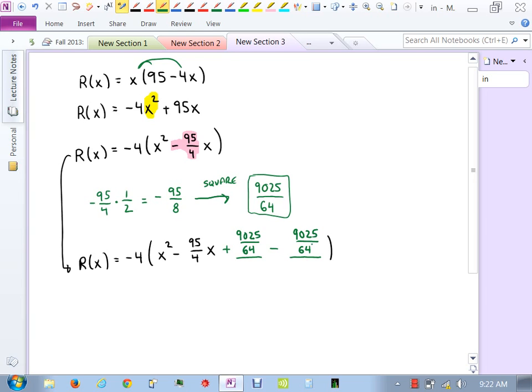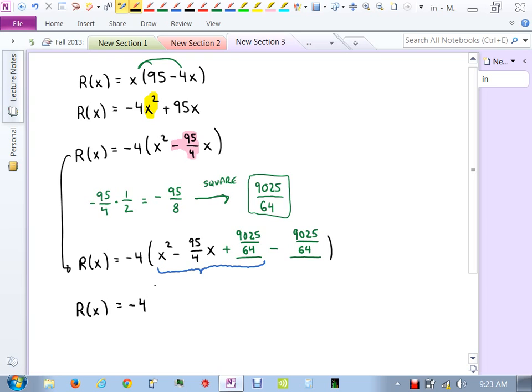Now, let me grab my calculator here. I wasn't prepared. What we know is this: it is guaranteed that the first 3 terms are going to factor to be a perfect square. So r of x will equal, I have my negative 4.